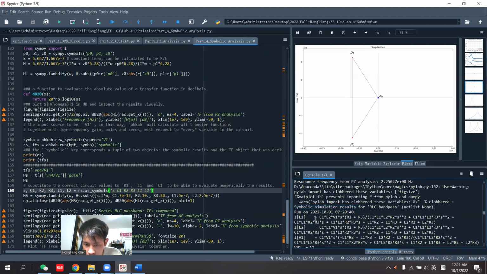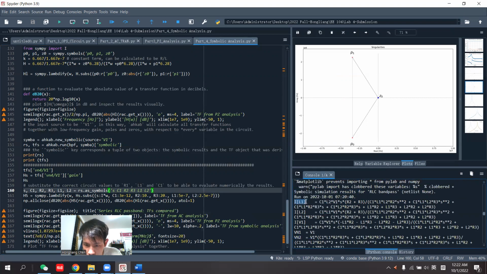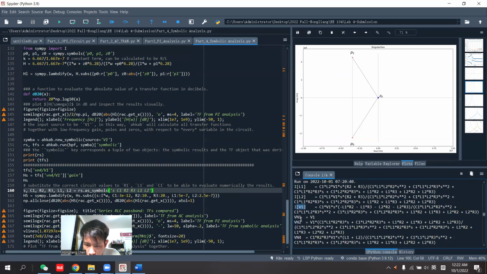And I have a different transfer function here, and I also list in the documentation the formula to obtain the current flowing through L1, L2, and the current flowing through voltage source 1.